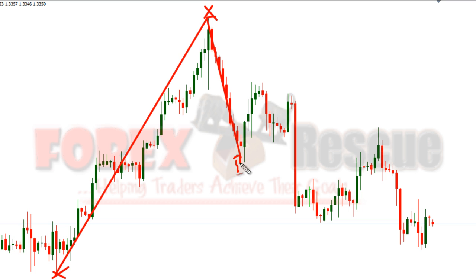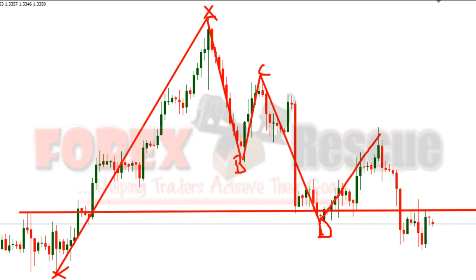This is point B. This is point C. Now this is point D. This area is point D. So this area was our potential reversal zone in this pair, and price moved by over 100 pips, forming what we call a quasi pin bar before price came down. Now this area is what we call our potential reversal zone.